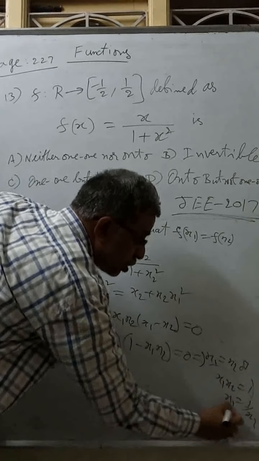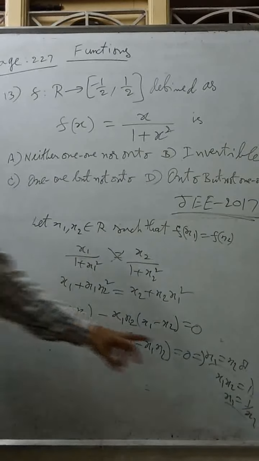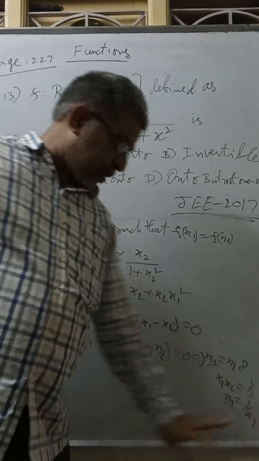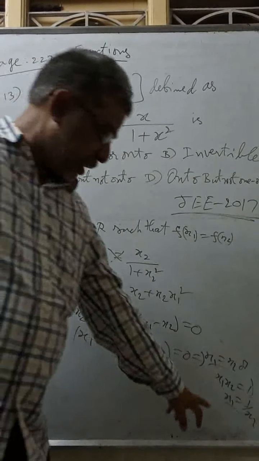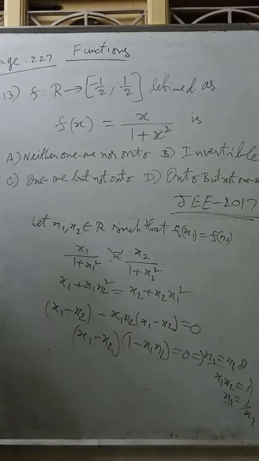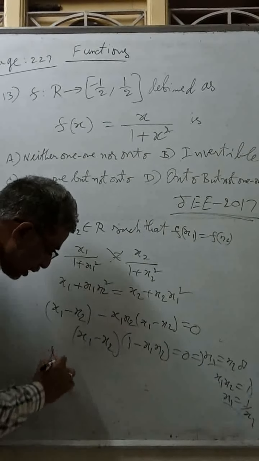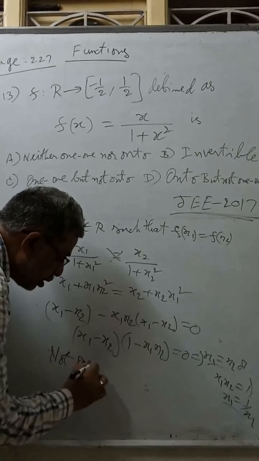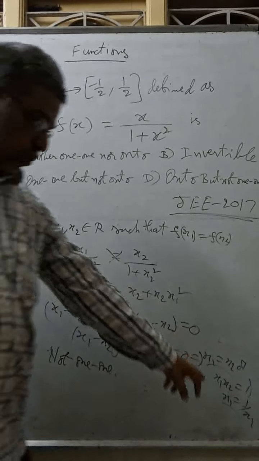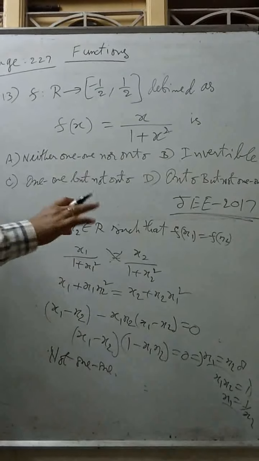So I am getting two solutions for x1, which means it is not mapped to only one element. Therefore it is not 1-1, because it contains two solutions. One should be mapped to one only.